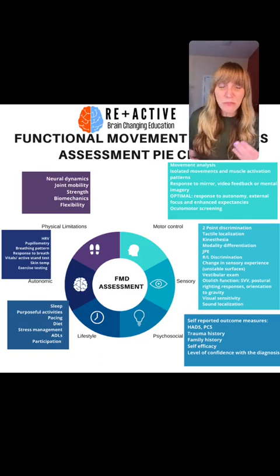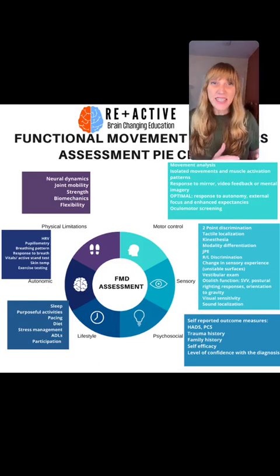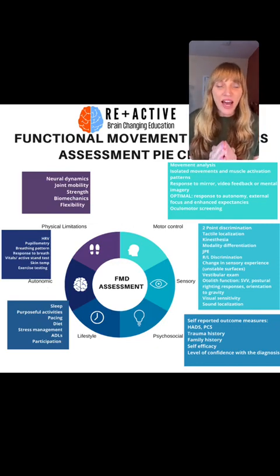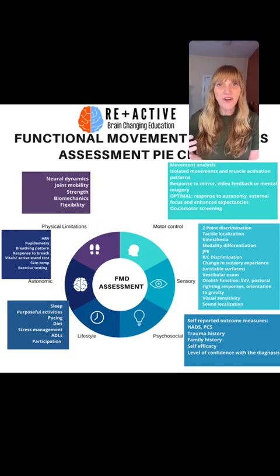But I will tell you, some people, it makes things worse and we need to change. We might need to make breath work externally focused, for example, or in different positions, or not, that's not the focus at all. So really important to not take a one size fits all. That's why assessment is so very important. So those are some of the big pieces of autonomic.